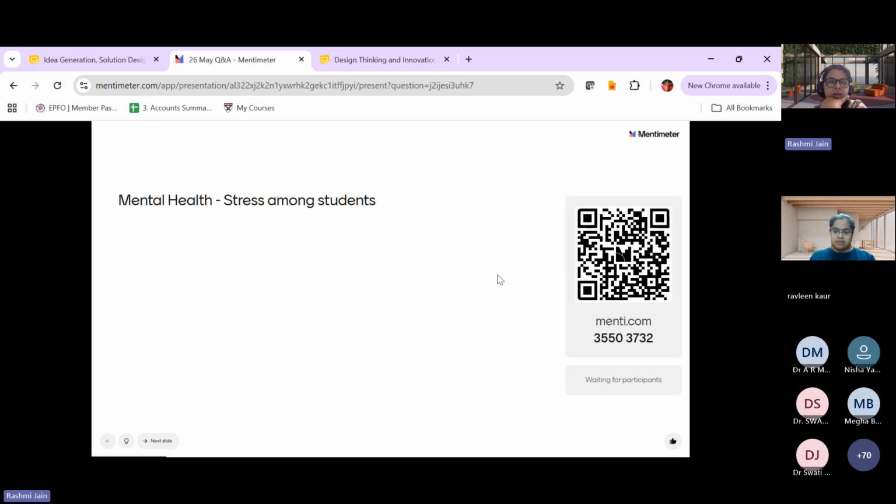You can scan the Menti code here and throw some ideas on how you would frame this problem well so that it is measurable, and creates an impact for the students if you're able to identify their stress well, and for society overall.